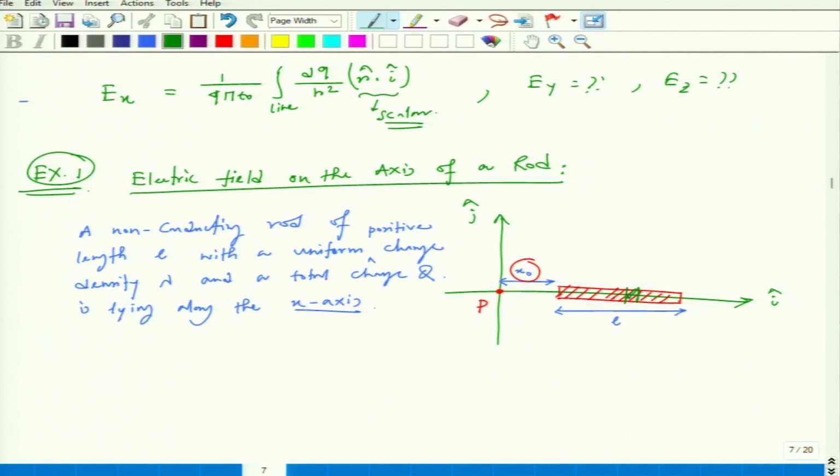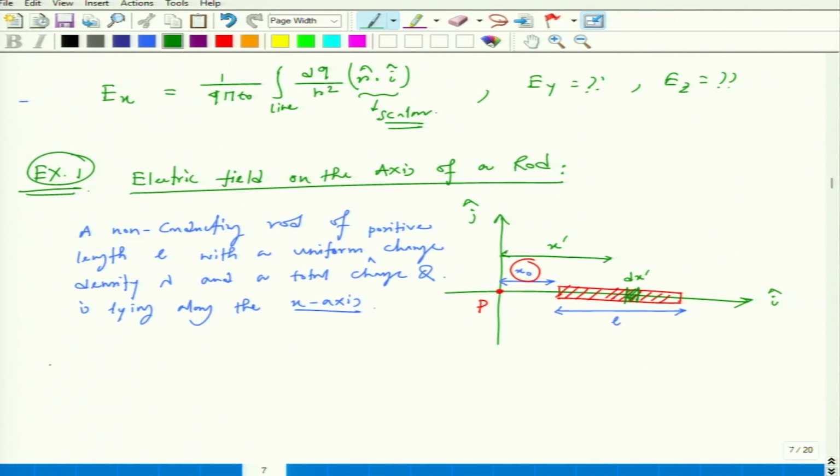So let us consider a small element, of length dx prime, at a distance x prime.